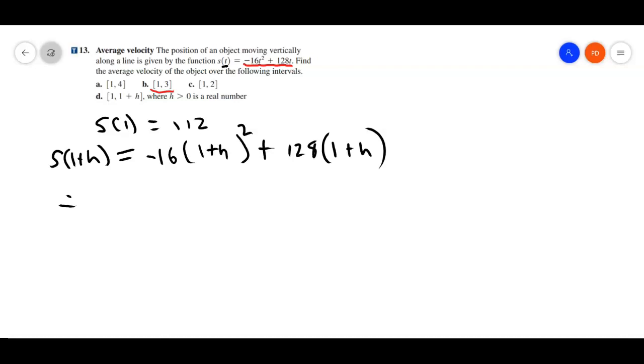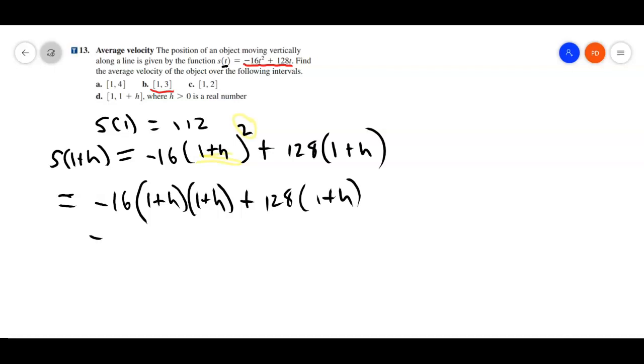And the big mistake students make is right here. They do not square this properly. That's what I want to warn you about. So you want to do negative 16, and when you square 1 plus h, you do not get 1 plus h squared. That's only part of it. You have to multiply out 1 plus h times 1 plus h, and it might be helpful to actually write it that way.